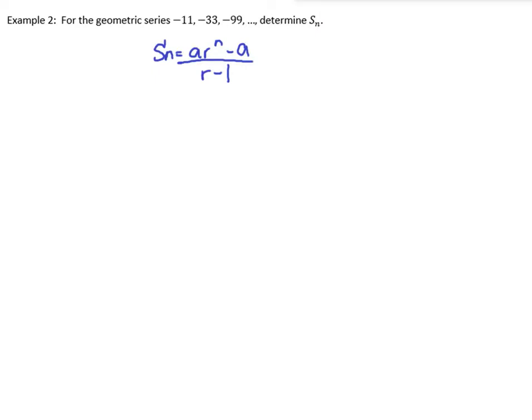Okay, example 2. I already wrote the formula out for us, but the geometric series: T1 equals negative 11, T2 equals negative 33, T3 equals negative 99, and so on. Determine Sn. So that's just going to be the general form.